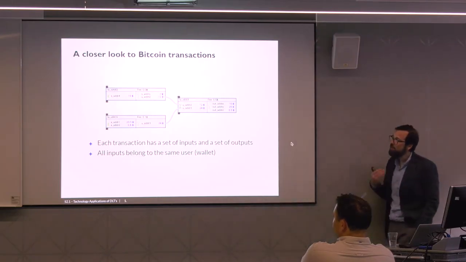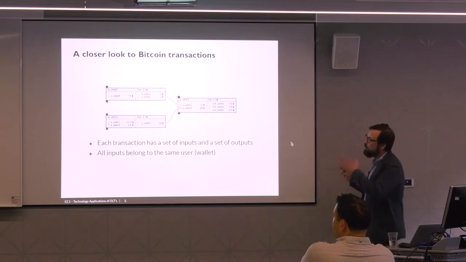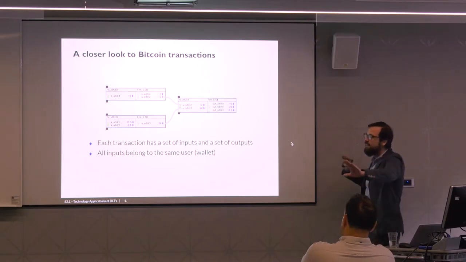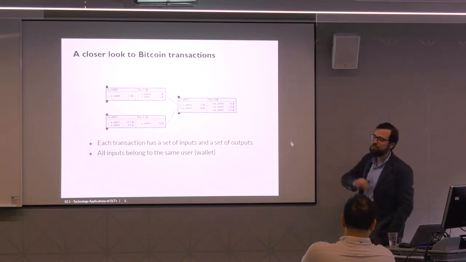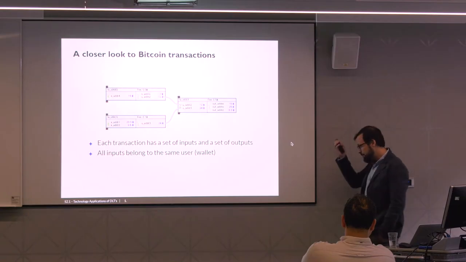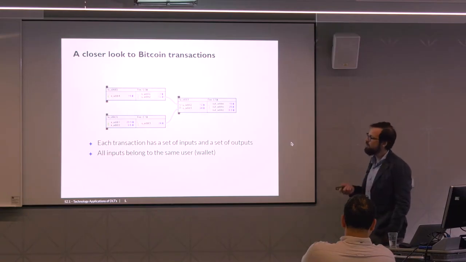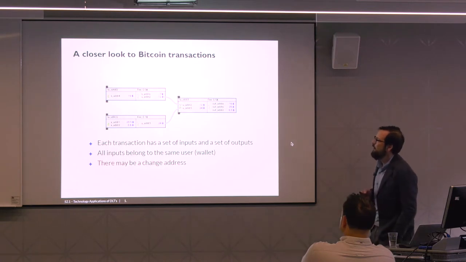I say in general because in 2017 it became possible to sign the same transaction at different points in time. So you can partially sign a transaction, send it to the network, and someone else is able to sign the second part of the transaction. But given the fact that it has to happen on purpose, these transactions are also particularly rare.